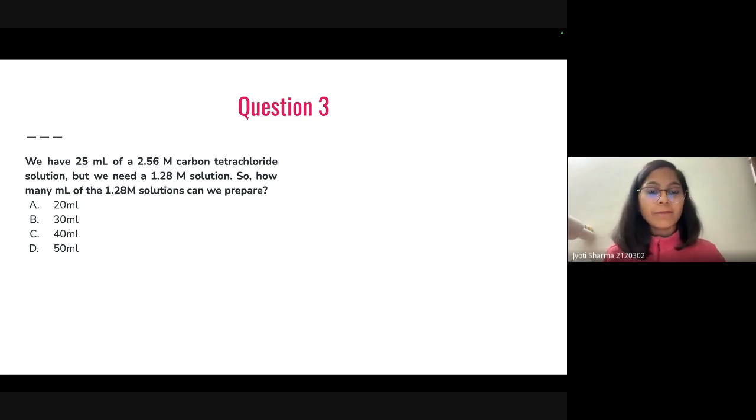Okay, this is again a very simple question. So we have 20 ml of 2.56 molar carbon tetrachloride solution. So here we have the molarity, but we need a 1.28 molarity solution. Then how many ml of 1.28 molar solution can we prepare?